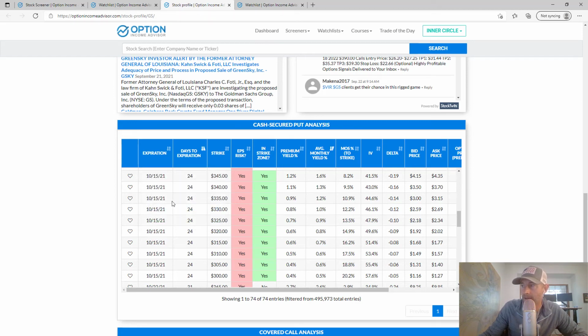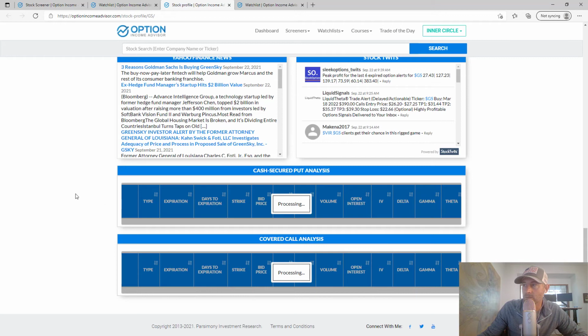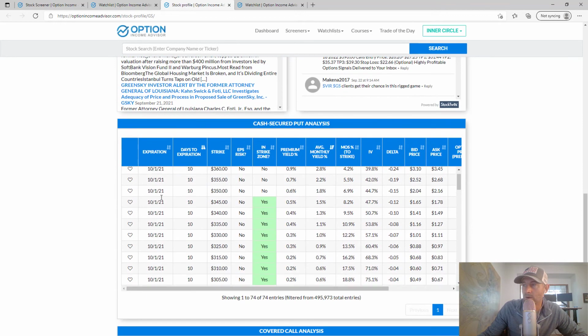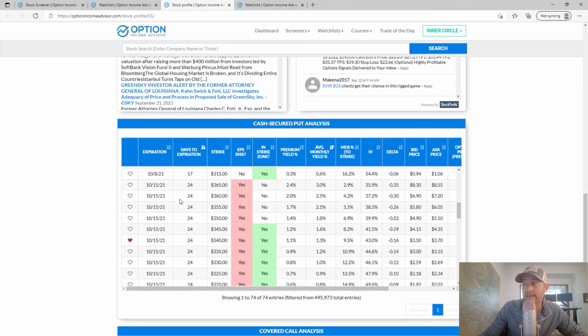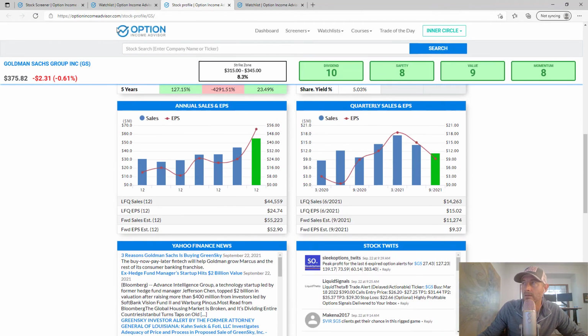I've now added this stock or this option to my list. And if you refresh that page, this is why this little heart highlight's important, because as you're looking at this in the future, I've already got this on my list, right? I know that heart's sitting there because I've got it on my list, and so now it tells me I've got that stock on my list.